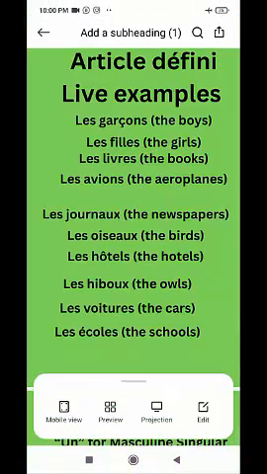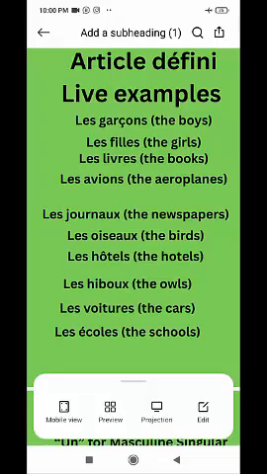Plural: les garçons, the boys. Les filles, the girls. Les livres, the books. Les avions, the aeroplanes. Les journaux, the newspapers.